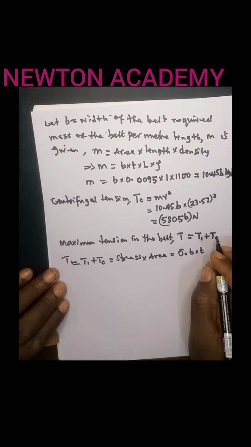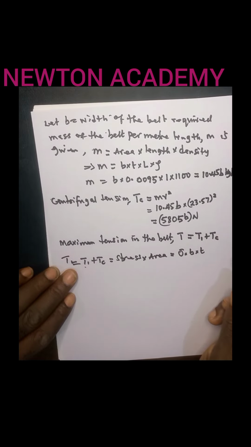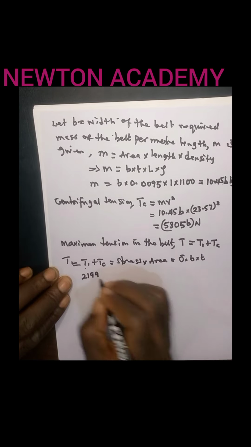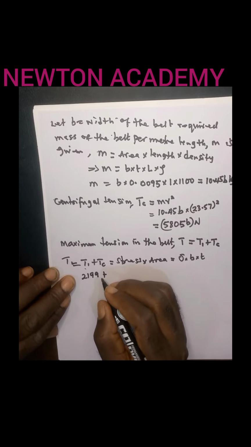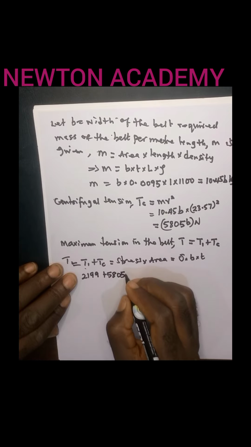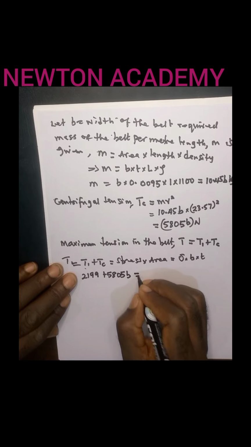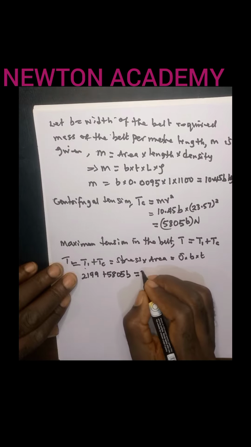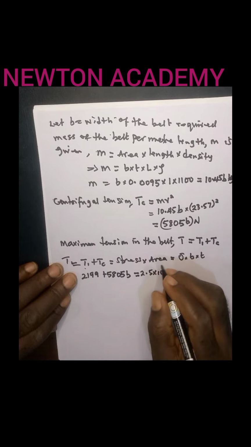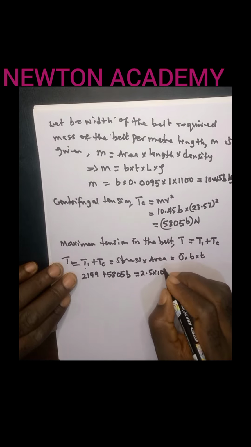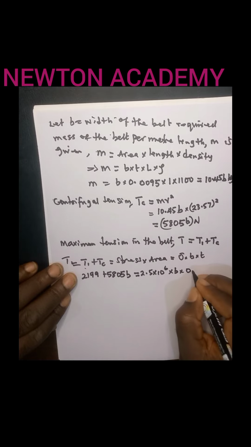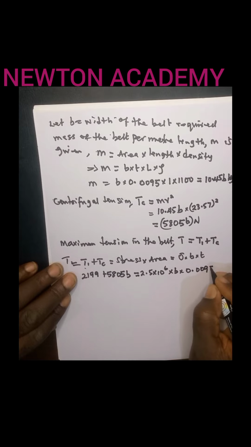Then from here, our T1 is 2199 as we have calculated, plus our TC, which is 5805 B, and this is equal to the stress, 2.5 times 10 raised to power 6, multiplied by the width of the belt multiplied by the thickness of the belt, 0.0095.